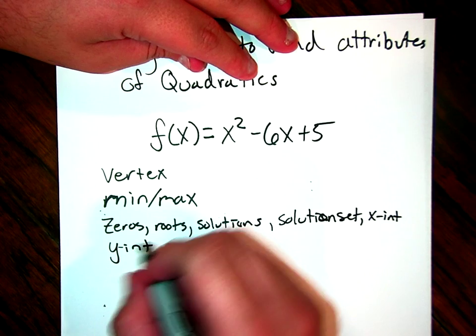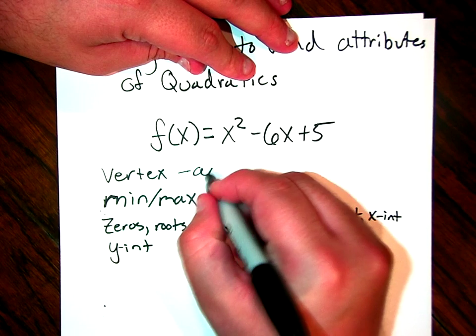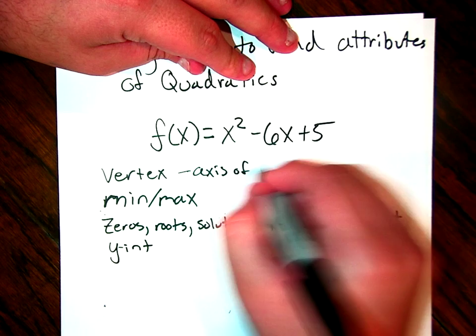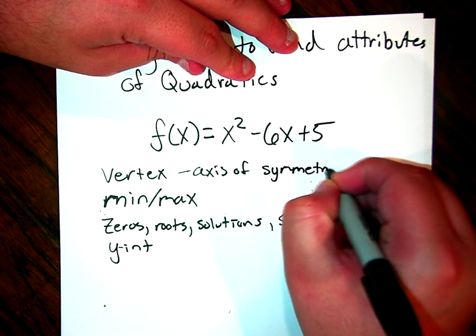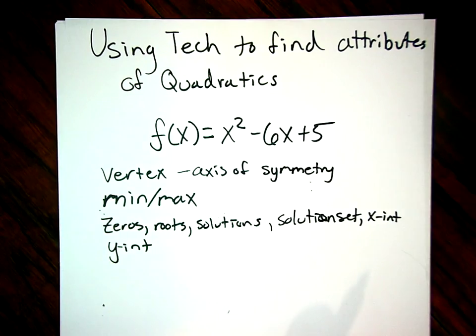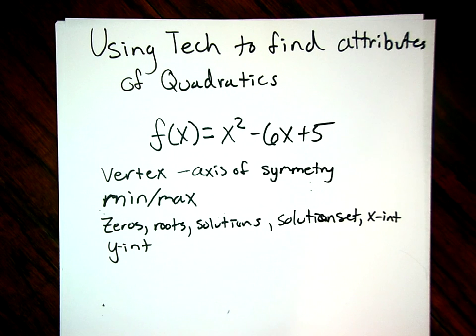Along with finding the vertex, we'll also be able to look at the axis of symmetry. And that's pretty much the whole kit and caboodle of finding attributes of quadratic functions.